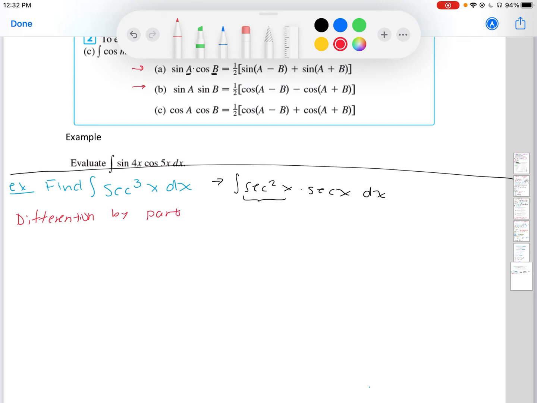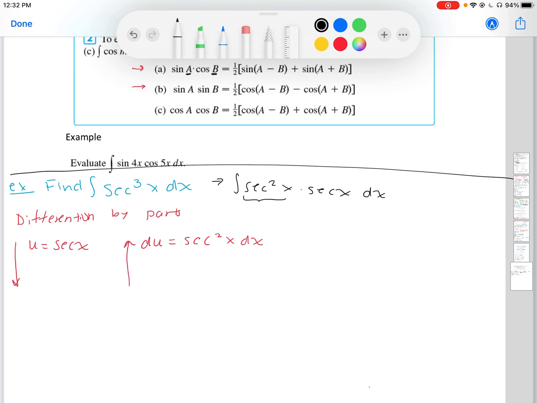All right, we can let our secant be our u and our dv be secant squared. Remember, one of them you're going to take the derivative of, the other you integrate.